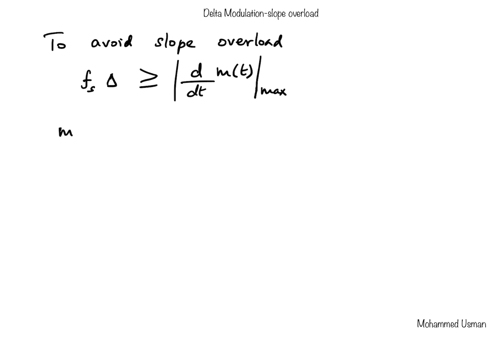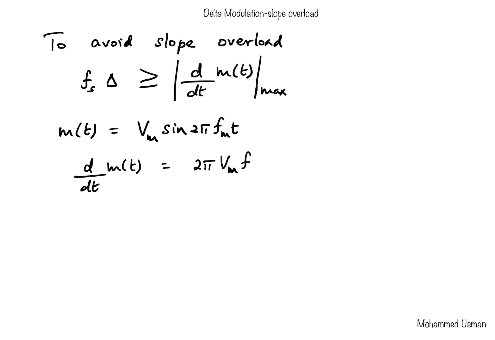So let's take a simple example of a single tone sinusoidal signal as our input signal, m of t. We'll say Vm sine 2 pi fm t. Then the derivative d by dt of m of t will be 2 pi Vm fm cosine 2 pi fm t, since the derivative of sine is cosine, into 2 pi fm.